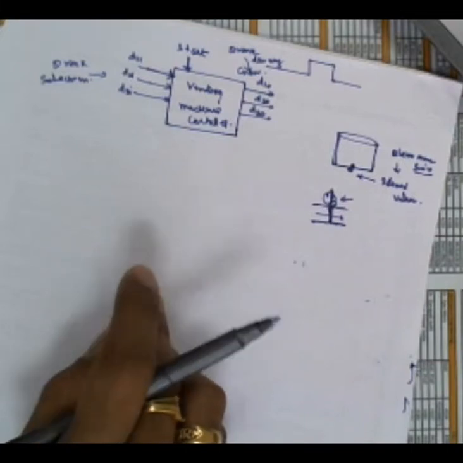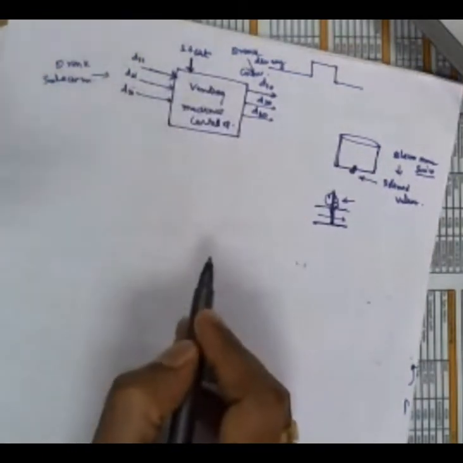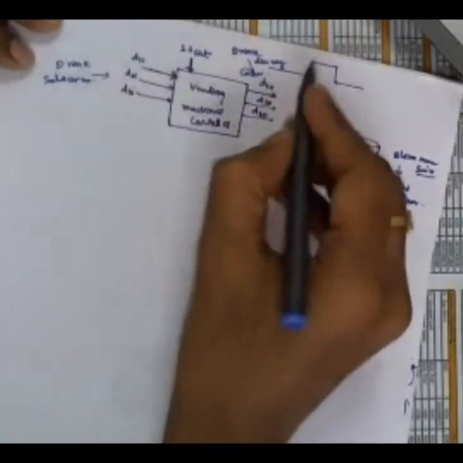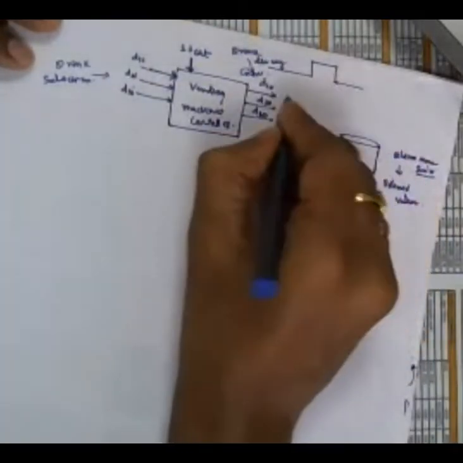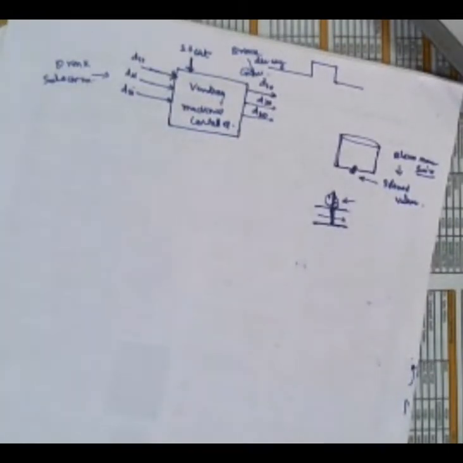Then second, after the start button press, that person should put in the coin. Correct? Now we will take 5 rupees as the coin. The user should drop a 5 rupee coin to get any kind of drink now. So assume that our drink cost is 5 rupees now. Right?